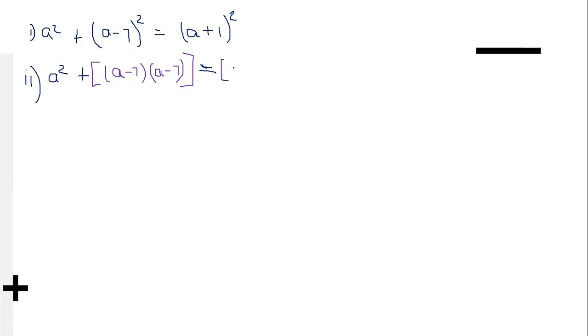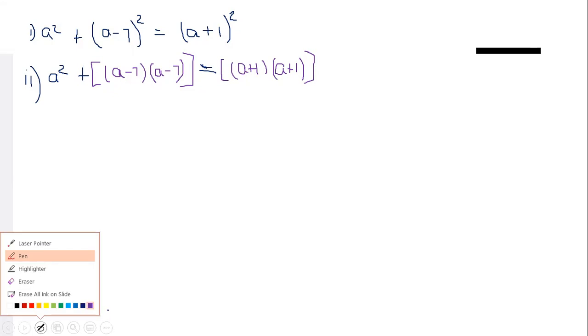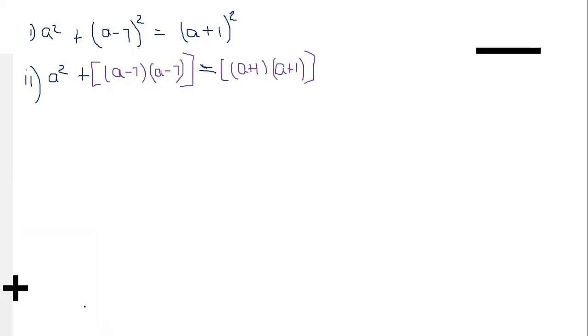(A plus 1) all squared is the same thing as saying (A plus 1) multiplied by (A plus 1). So you're multiplying it by itself because everything is squared. So that's basic math right there. All right, let's continue. Sometimes I write better, but today's not one of those days.